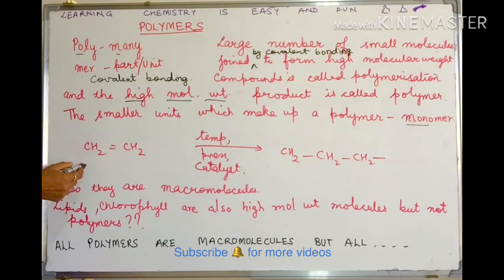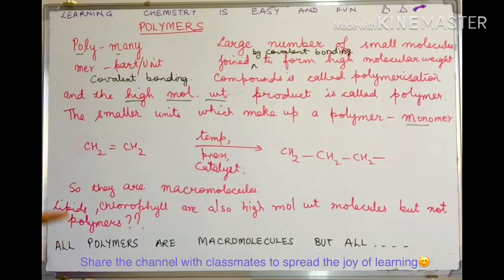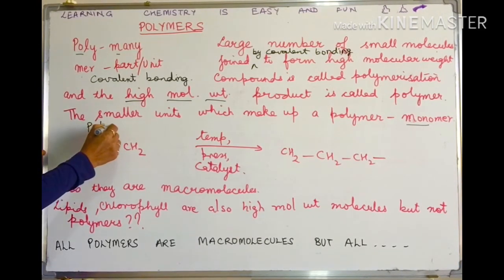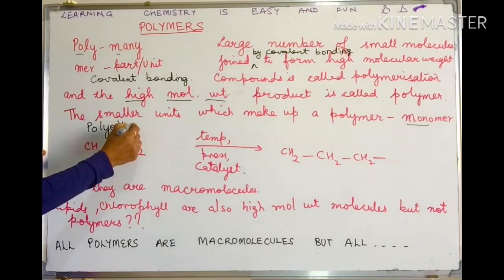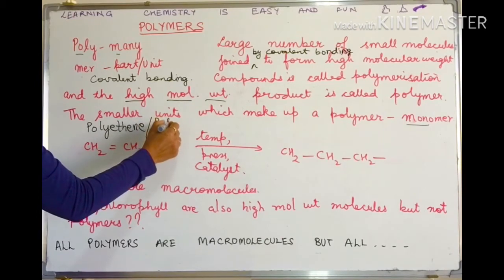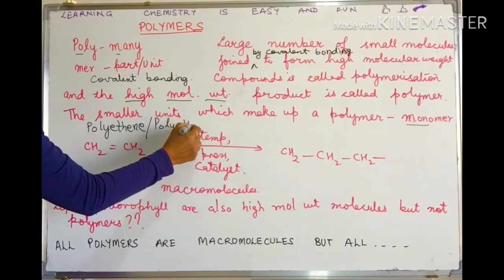So we've taken a very common example, polythene. Do I need to show you a sample? We carry it with us every day in some process or the other. So polythene, also called polyethylene from its previous name.